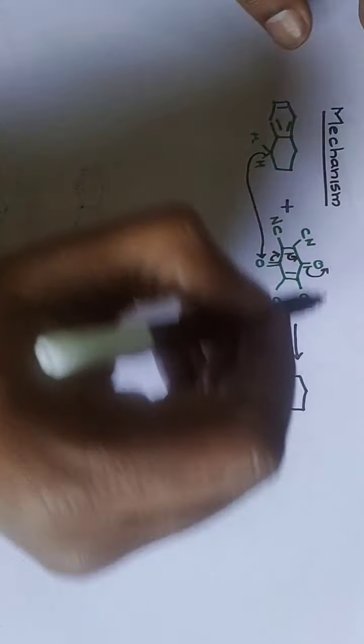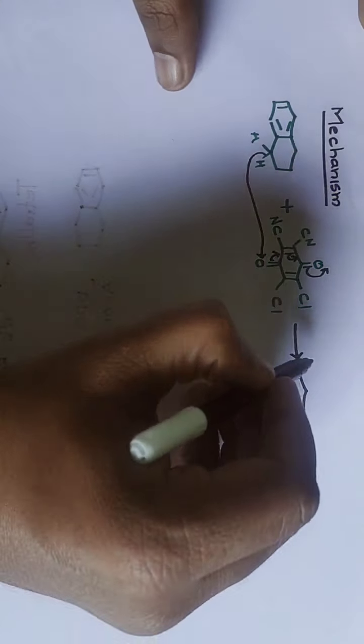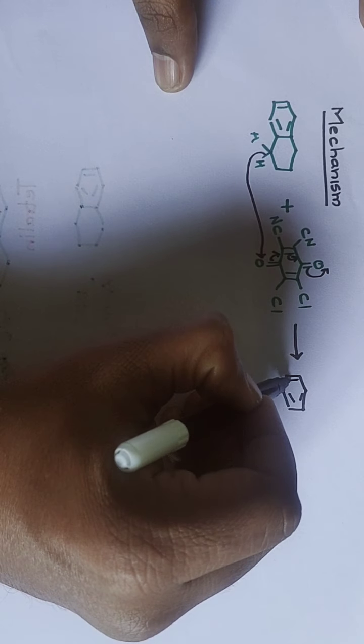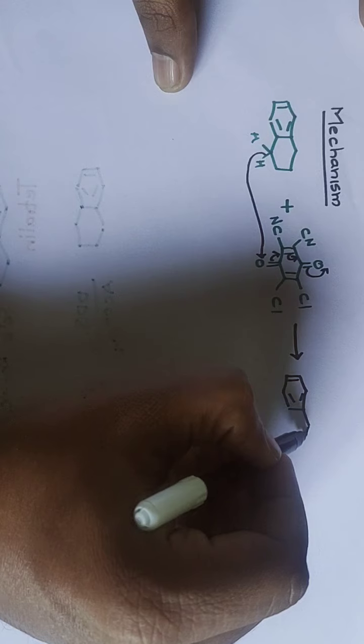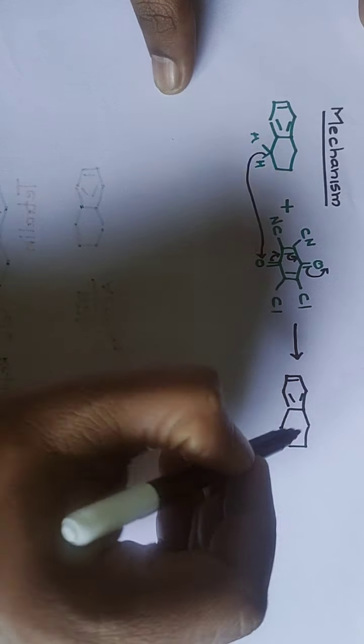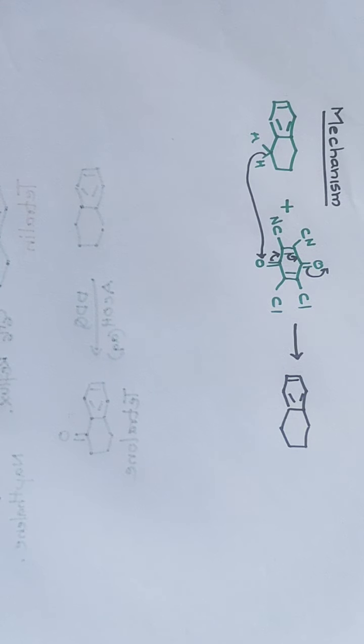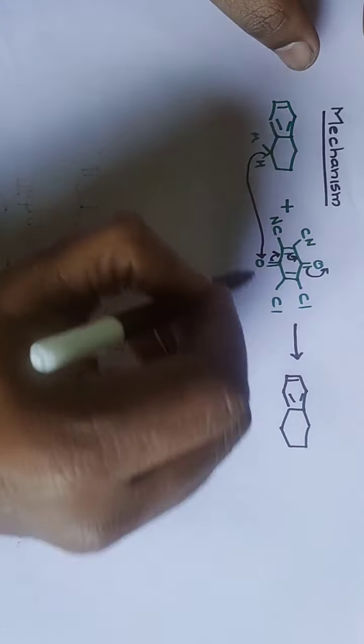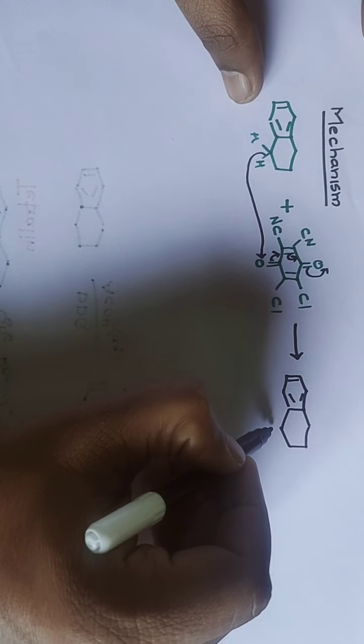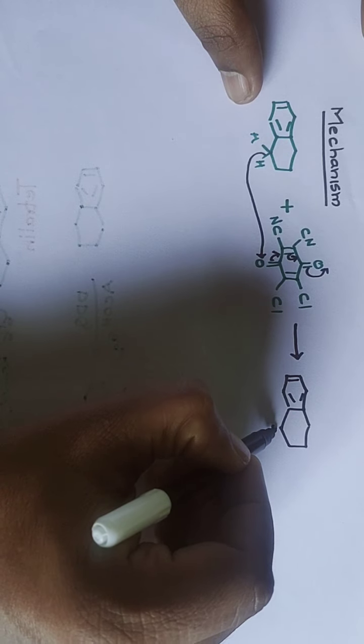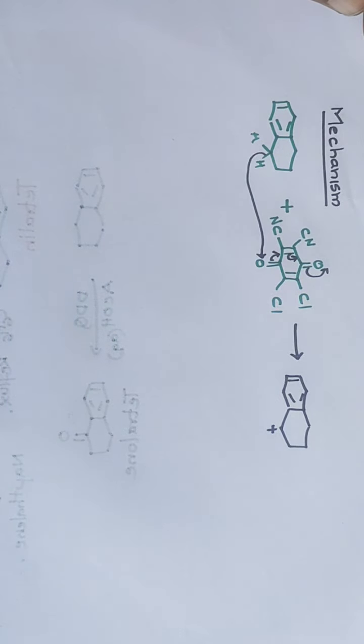We have a benzene ring type of structure. Then we have this, where a hydride shift has taken place, hence this carbon carries a positive charge.